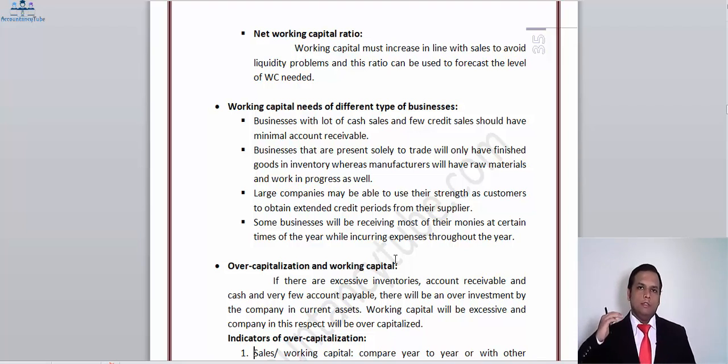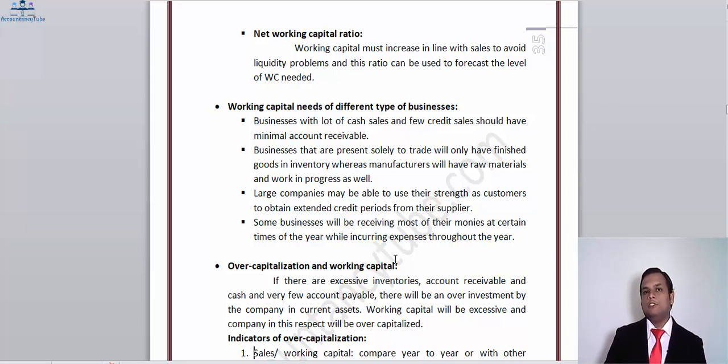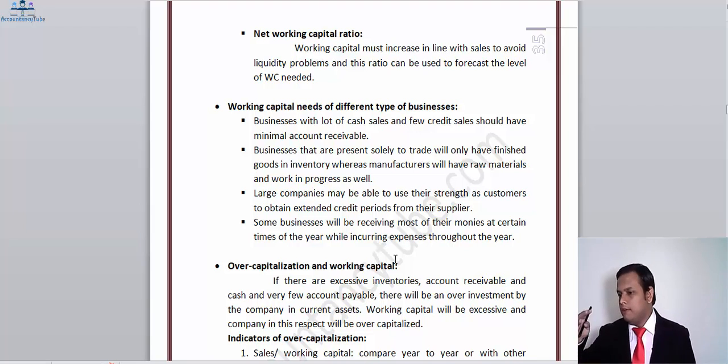Now, the size of a company always has an impact on the trade agreement. The larger the size of a customer or a supplier, the larger the bargaining power that lies with them. So in this case, a large company uses its size as strength to obtain a trading period from its suppliers, and that's how they do it.